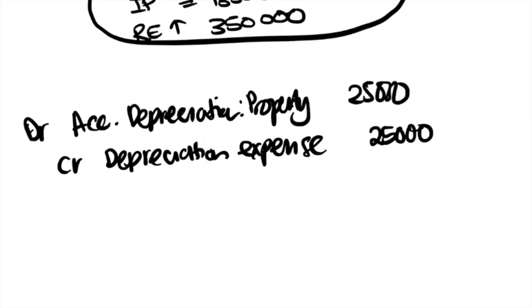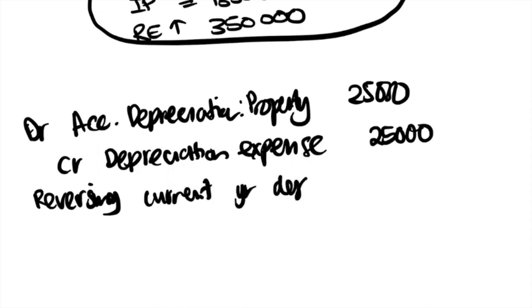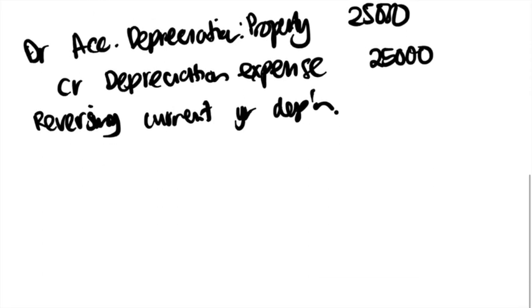And as a narration here, we can just put we are reversing the current year depreciation. Okay, so that is our first journal entry that we need to process.